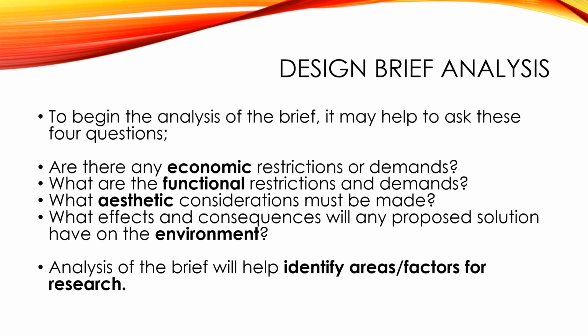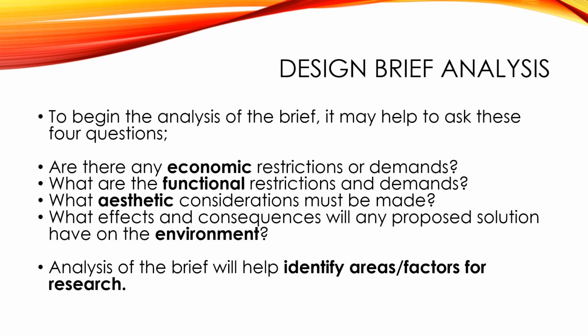If we properly analyse the brief, and properly ask ourselves questions about how we can tackle the problem that has been set to us, it will allow us to identify key areas to research. There might be particular aspects set out in the brief, such as a target market that we need to identify, or material choices, or the area of the world in which this product is going to be sold.